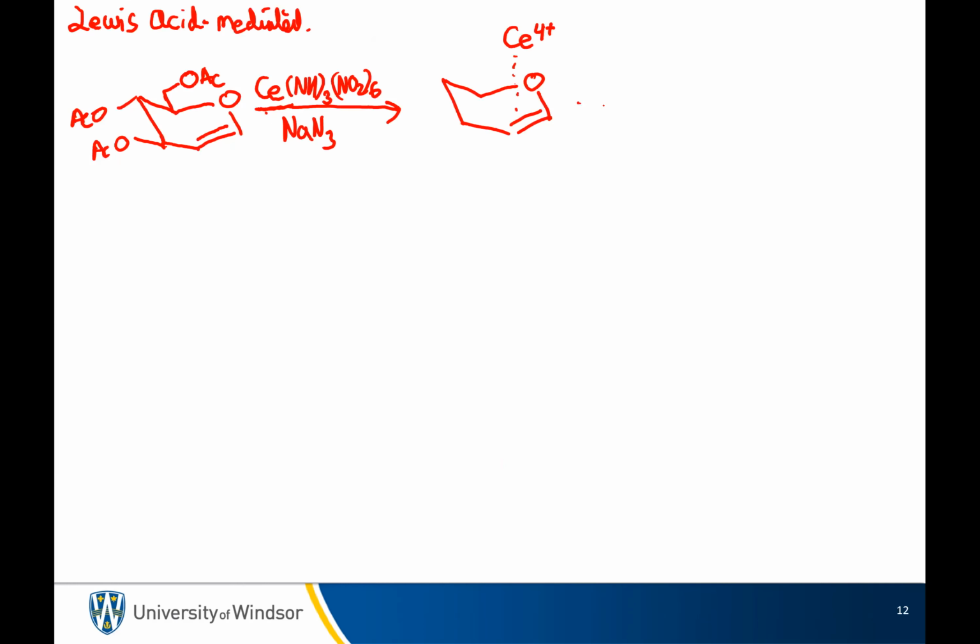Now normally when you would have any kind of positive thing here, we saw this with the iodine, we saw this with everything else. If we had anything associated with the double bond, our nucleophiles came in here at the C1 position, and we snapped that open, like with epoxides or iodines or anything like that. Cerium's weird.